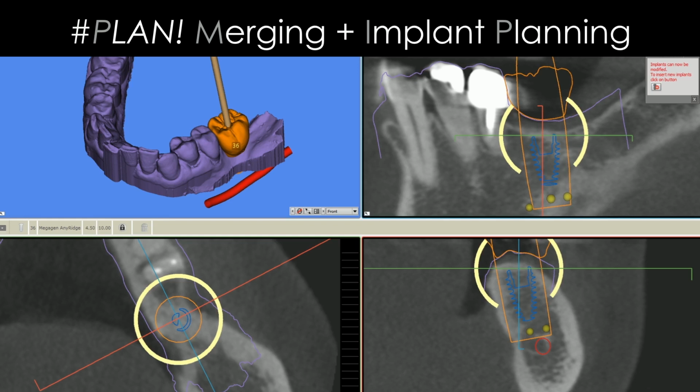I think it's also very important to consider the merging of the files, because if the files don't merge perfectly, we should check this congruence among the information coming from the intraoral scanner and the information coming from the cone beam computed tomography.